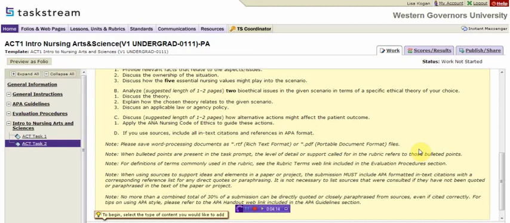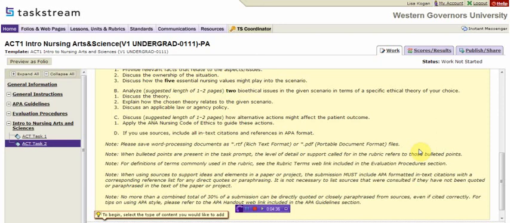And then you are asked to discuss how alternative actions might affect the patient outcome. You're given a couple actions the nurse takes in this scenario. What they want is alternative actions, actions other than what's listed, what the nurse could do to help affect the patient outcome.